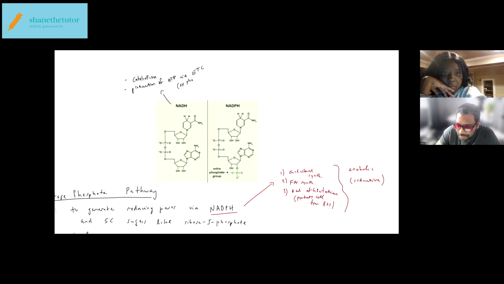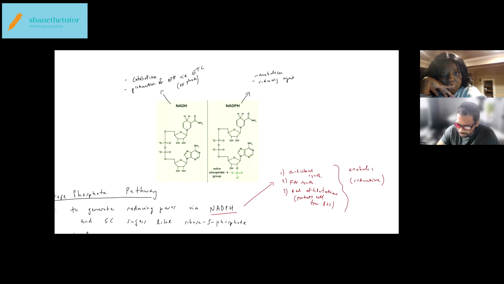Whereas NADPH is used in anabolism, and it mostly functions as a reducing agent, donating its electrons.